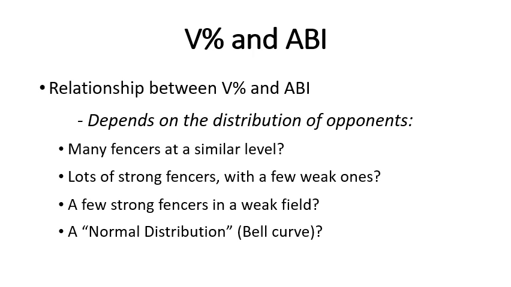Are there a lot of strong fencers with a few weak ones? Or are there a few strong fencers standing out from a weak field of competitors? Or most likely, are we looking at a normal distribution, so-called bell curve, with a lot of fencers grouped in the middle and only a few outliers at the extreme of very strong and very weak?